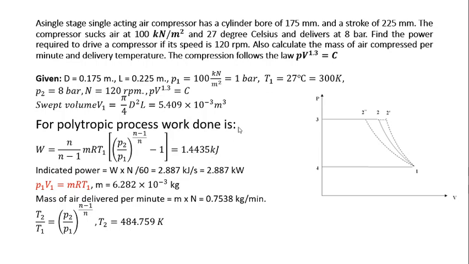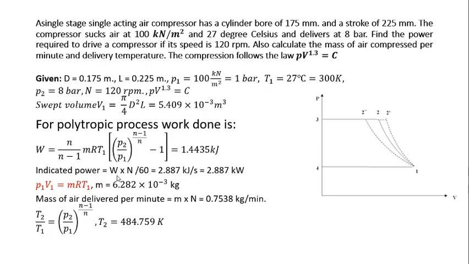But we want the power required to drive the compressor. So power is nothing but the rate of doing work. So this is per cycle. Then how many cycles are there in 1 second? That is kilojoules per second is the power.